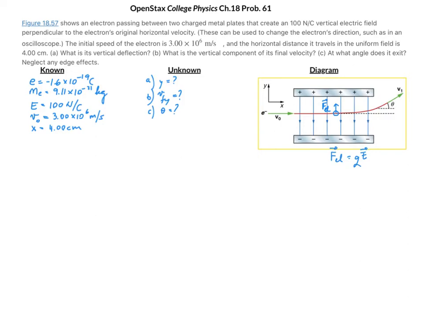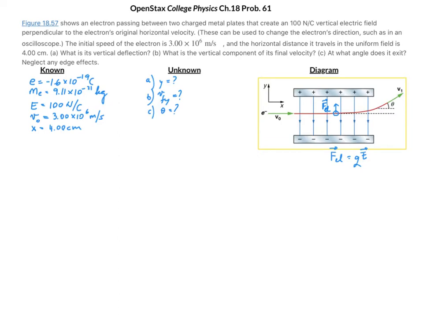So that is the force that's acting on it. As a result, since the force is perpendicular to the velocity, the force does not change the horizontal component of the velocity, but since it gives the electron an acceleration in the positive y direction, the electron will pick up a y velocity and it will then be deflected.